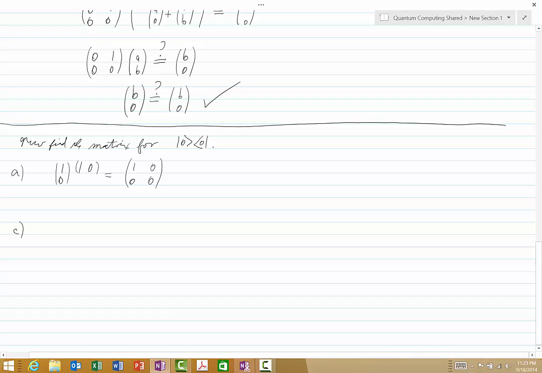This one is interesting because it's dealing with 2-qubit states. Okay, so for C, the operator that we want to consider is the following.